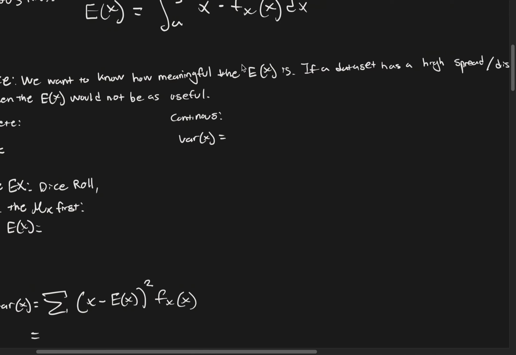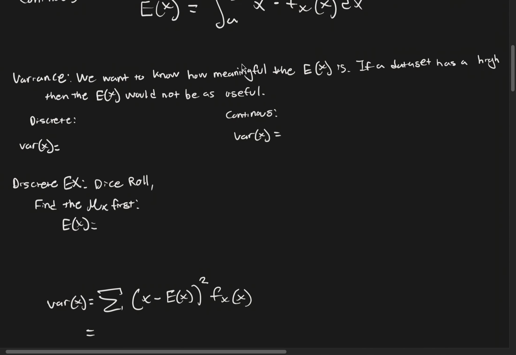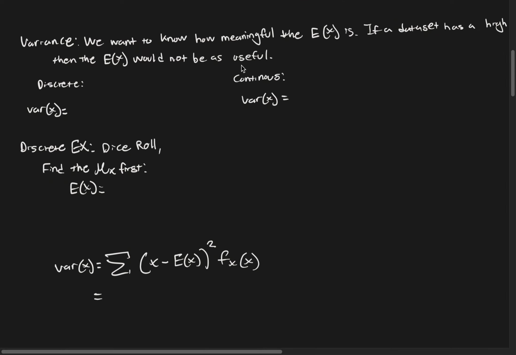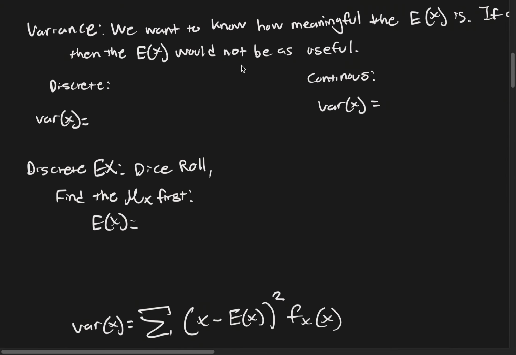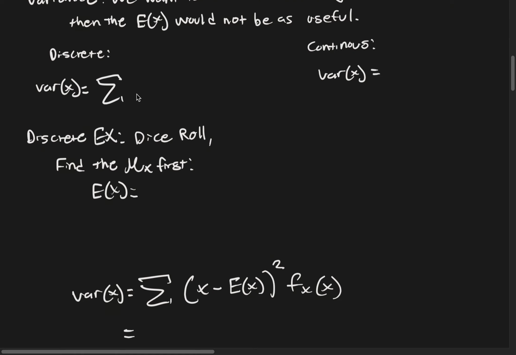It's basically, like I said, we can see it as the spread or the difference within the data. So for discrete random variables, we can say the var of x is the summation of x minus the expected value of x, squared.